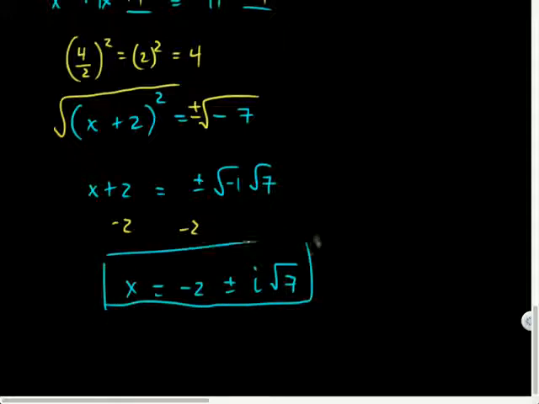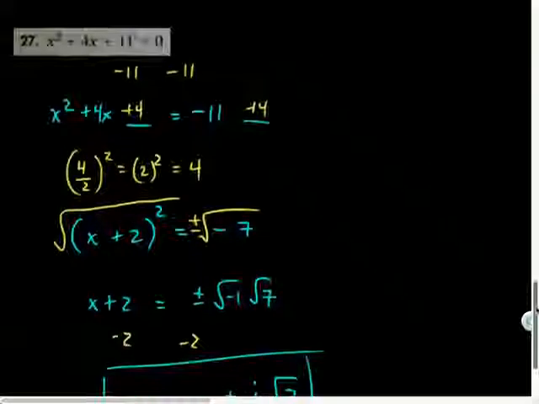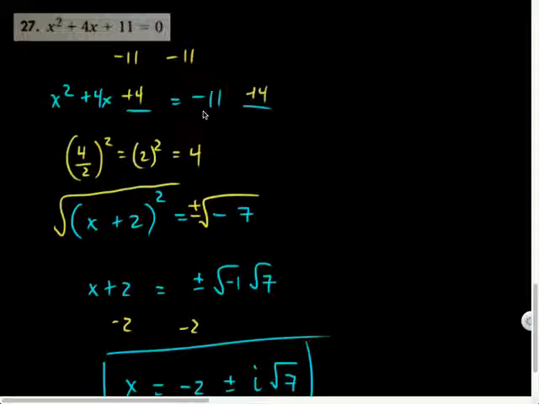So that means, graphically speaking, if I was to take my original problem and set it equal to y instead of 0, I don't think we're going to cross the x-axis, because the square root of a negative is imaginary. So let me graph this here real quick for us. x squared plus 4x plus 11.